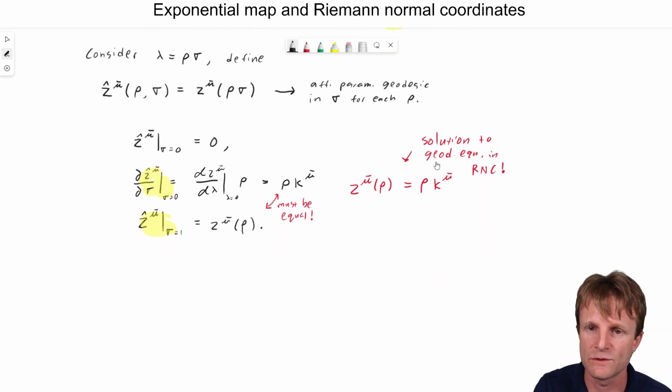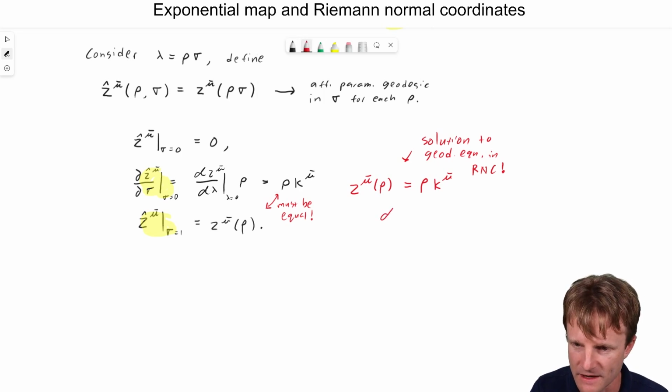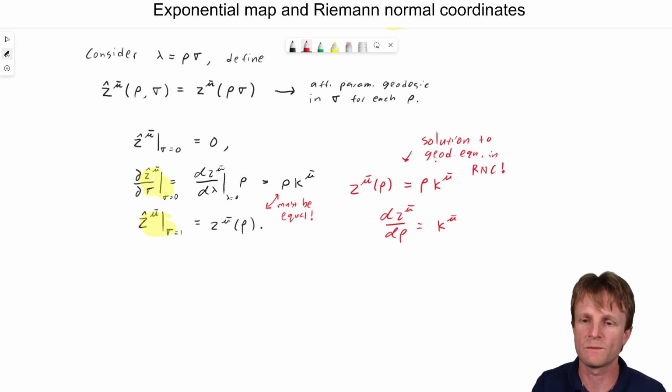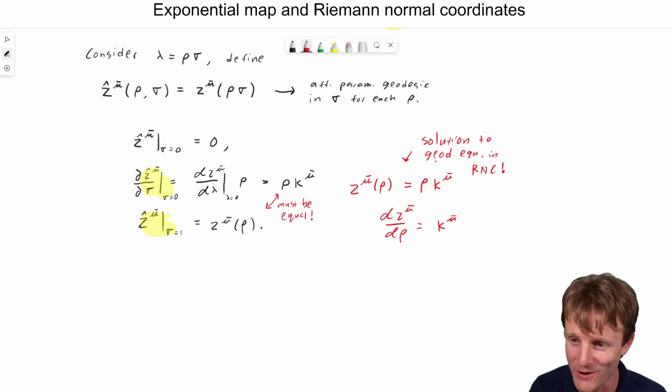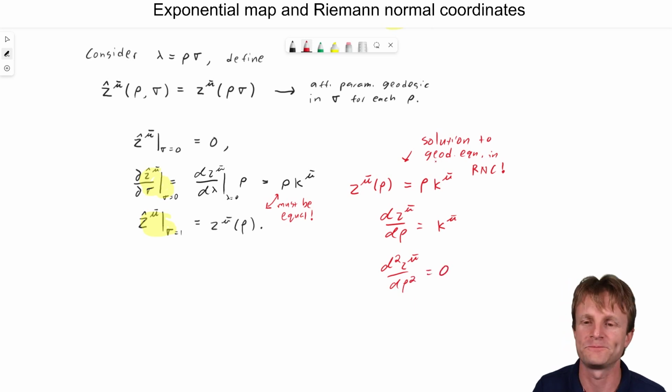We have the solution to the geodesic equation, and in particular we can take the first derivative, dz bar mu d rho is k mu bar, not just at P, where it was by definition of the exponential map, but everywhere in the normal neighborhood in these special coordinates of the normal neighborhood. And similarly, the second derivative, d2 z mu d rho squared, well, that's just 0.